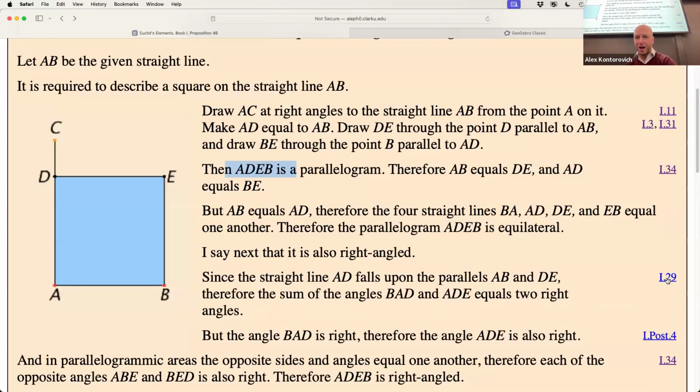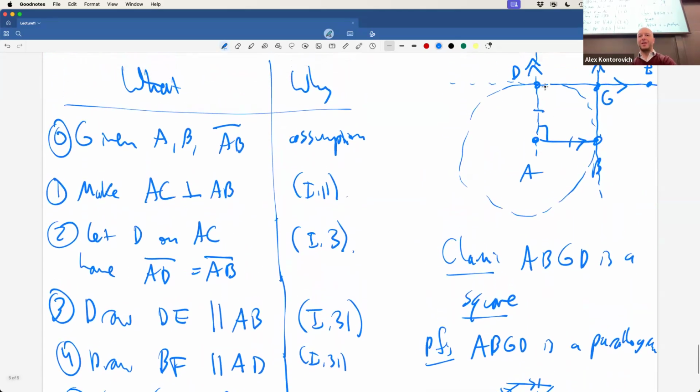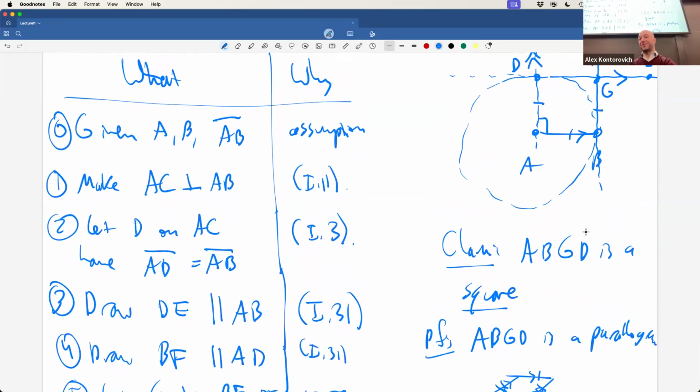That's called I-29. I-29 is that opposite sides in a parallelogram are equal. So the opposite side from AD is BG, and the opposite side from AB is DG.